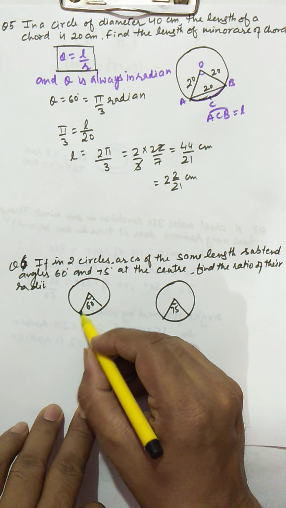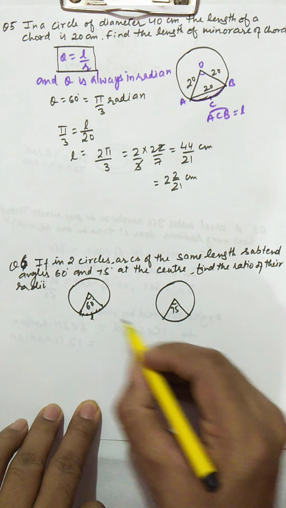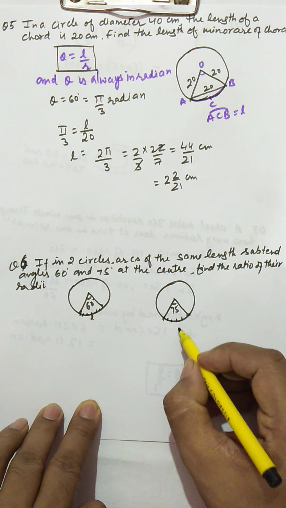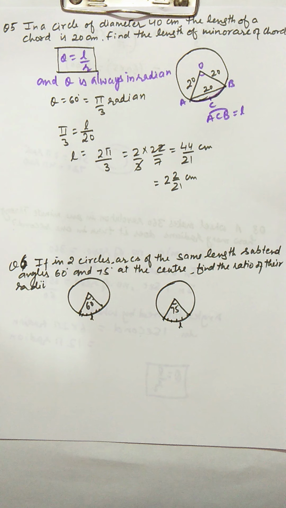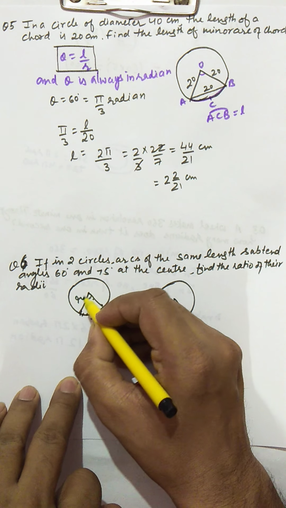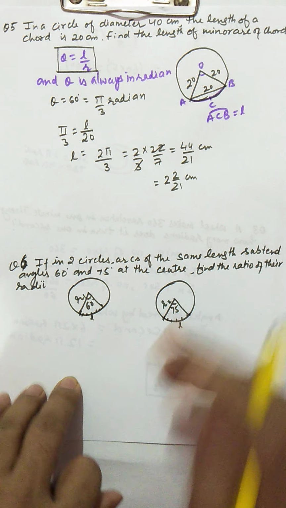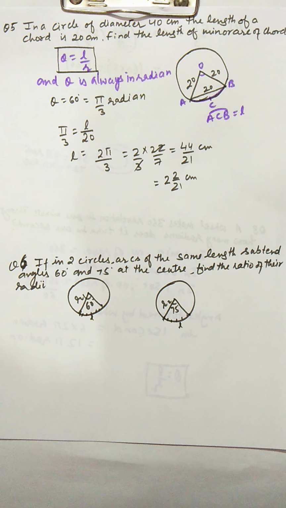This length of arc here is L, and this length of arc is also L, because it's given that the length of the arc is the same. So we have to find the ratio. Let's say this is your radius 1 and this is your radius 2. The important thing is that the angles are in degree form, so we have to convert them into radian form.